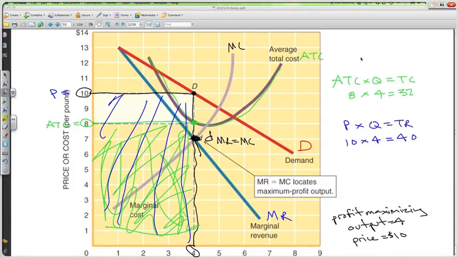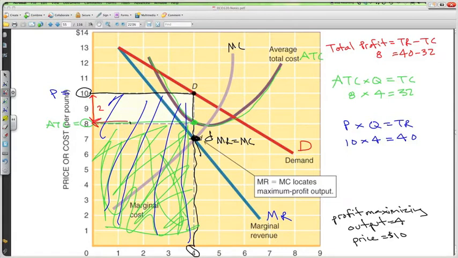Now, to get total profit, it's just equal to total revenue minus total cost. So total revenue is 40, total cost is 32. Here our total profit would be 8, which here this distance, right, is 2.